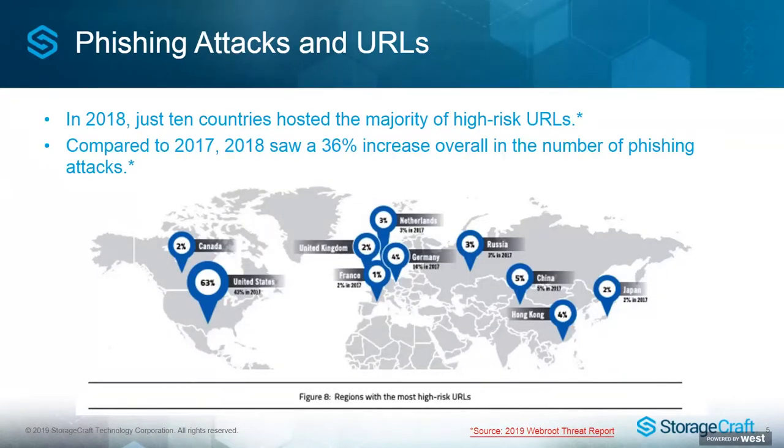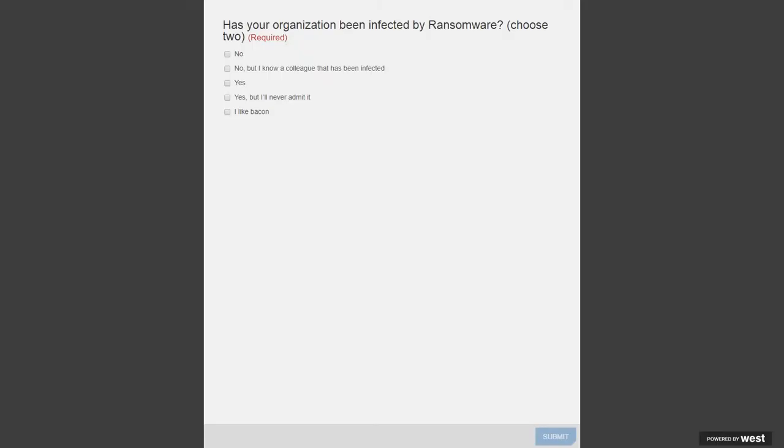And one of the things I wanted to ask everybody here on the webinar today, to be a little honest. We're not going to publish your name, and you don't have to be embarrassed if you have been infected with ransomware. But I want to ask, for your organization, have you been infected with ransomware? There are a couple of options here, and you can choose two.